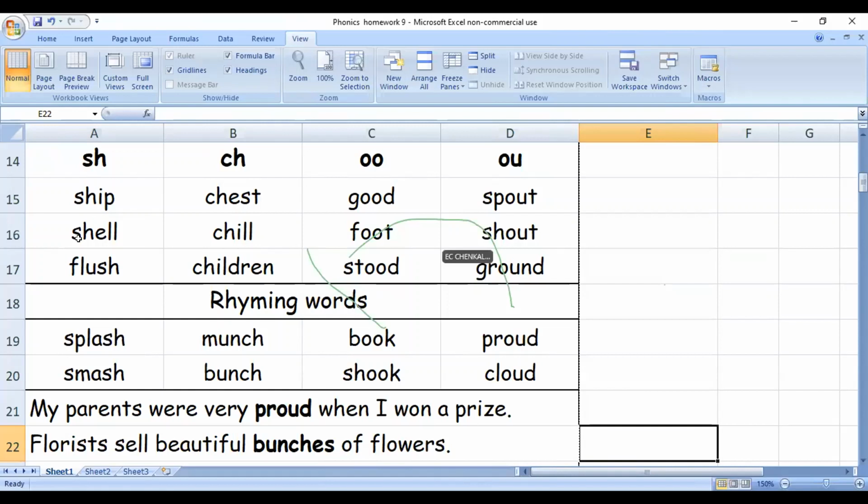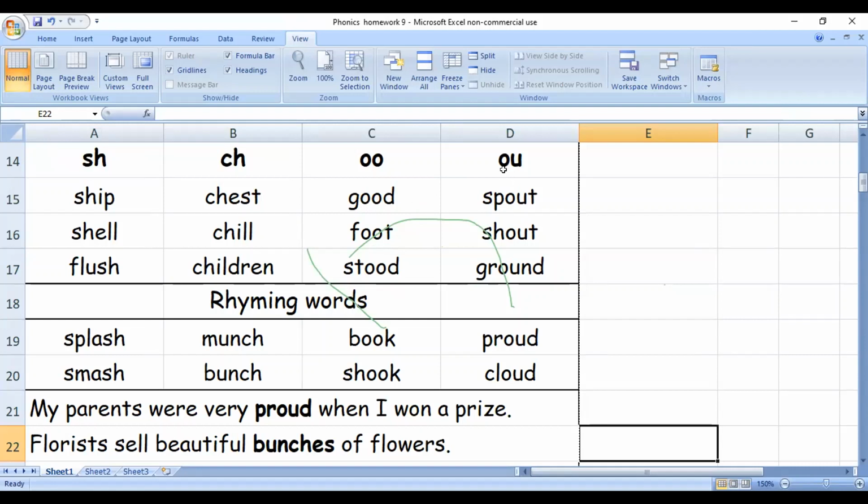I'm going to read the words now. Ship, shell, blush, chest, chill, children, good, foot, stood.